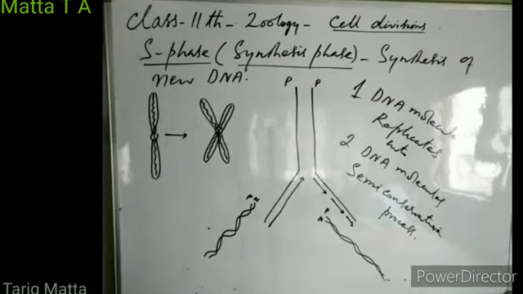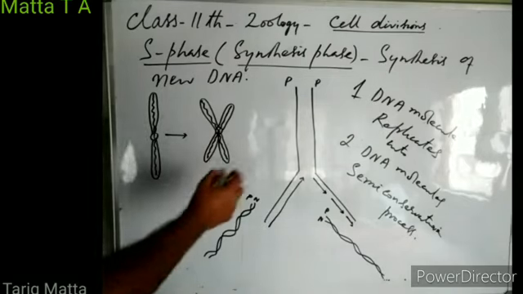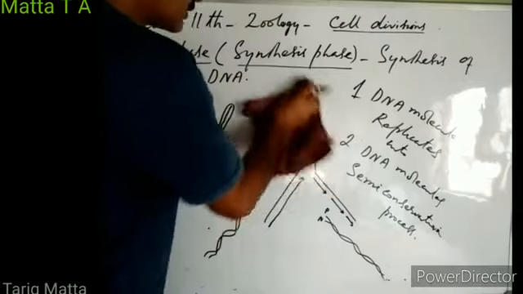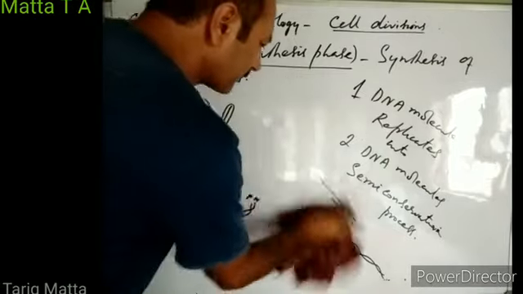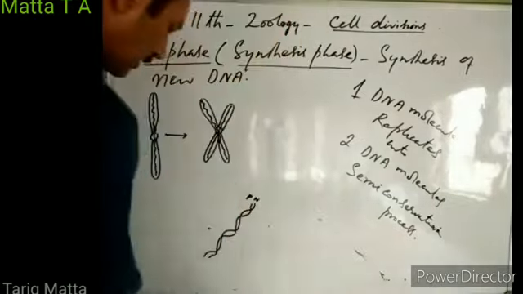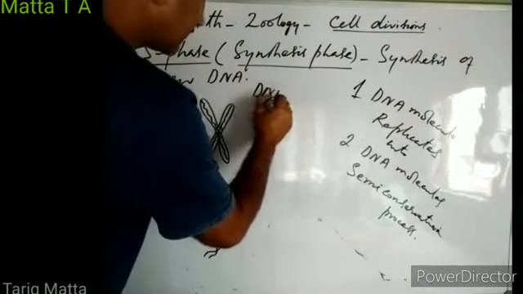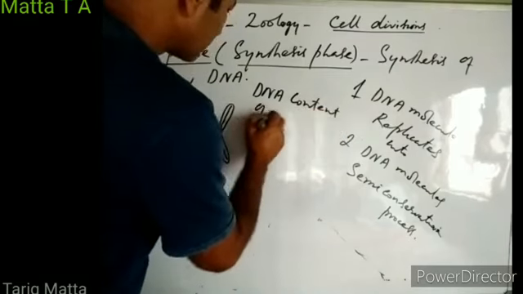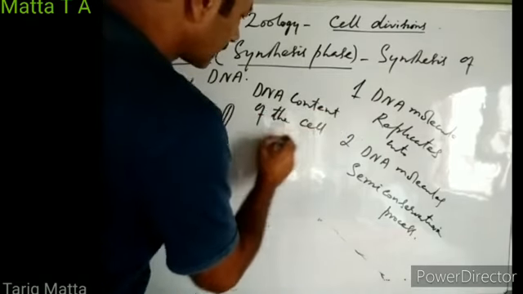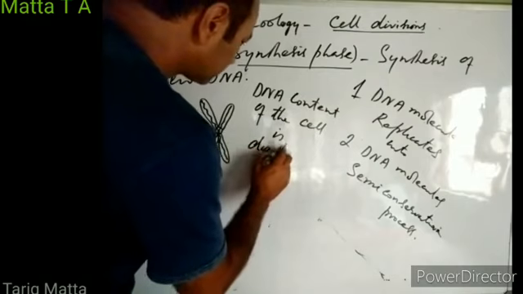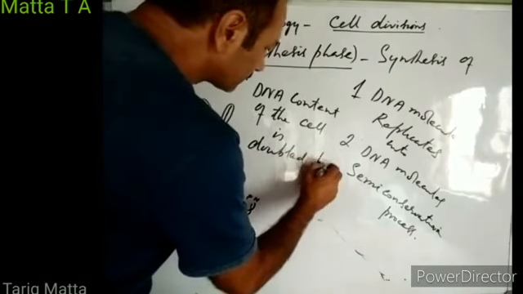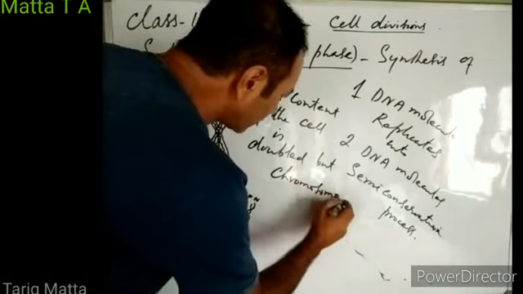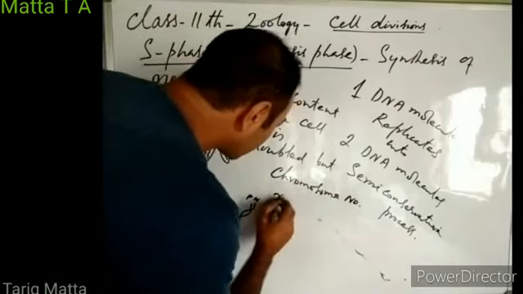So in the S phase, the DNA content of the cell is doubled, but the chromosome number remains same.